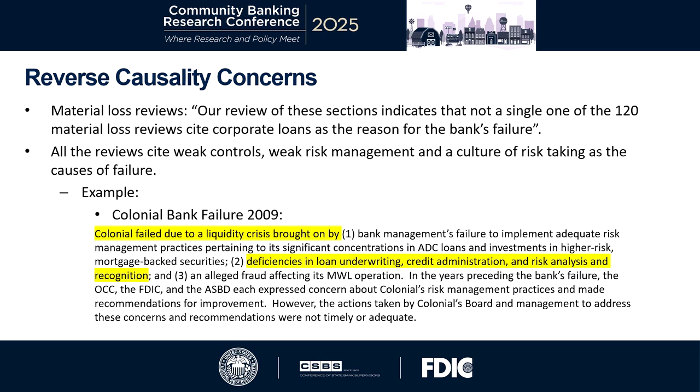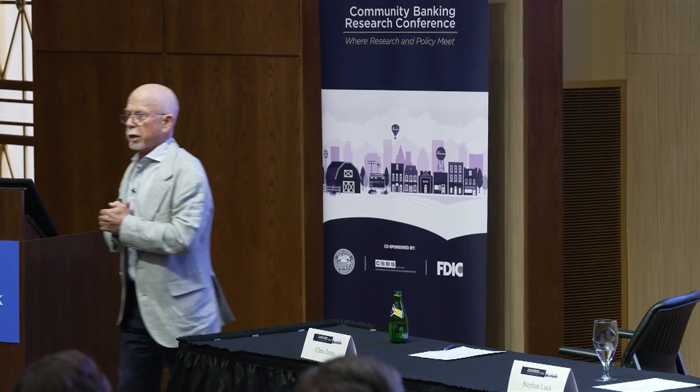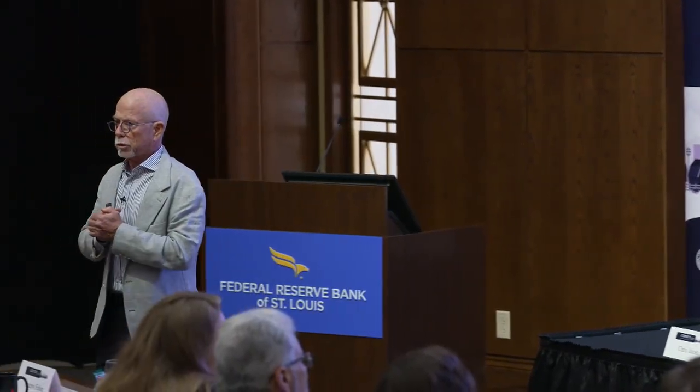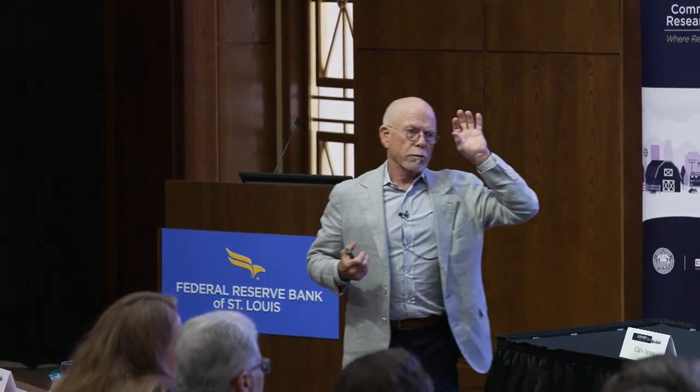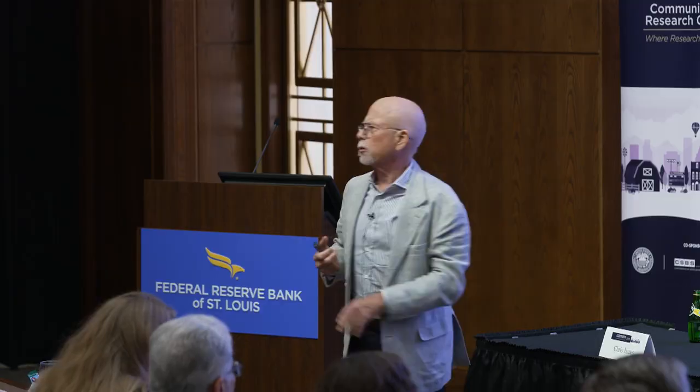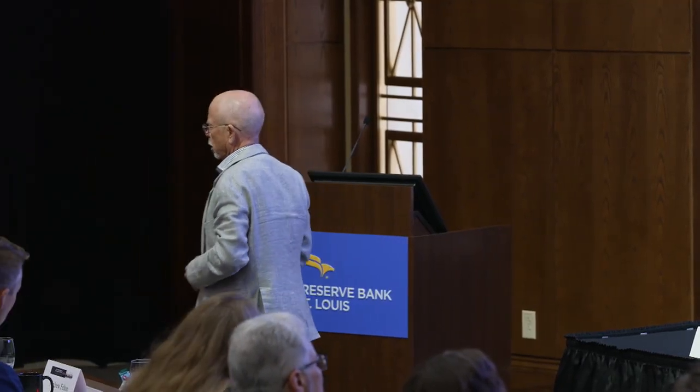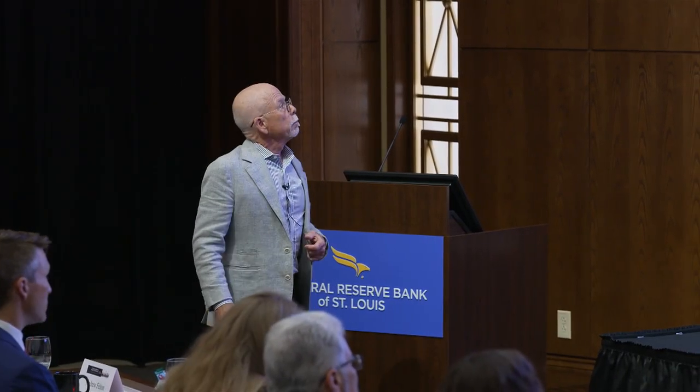Now, one of the things that I think makes the reverse causality argument plausible is something about bank culture. When you look at material loss reviews, what do they say? They say the bank failed for a variety of reasons. They'll pinpoint one or two, such as, you made bad construction and development loans, or you had a large portfolio of underwater mortgages.